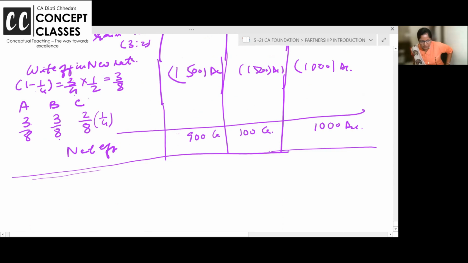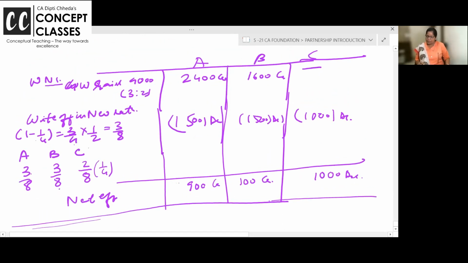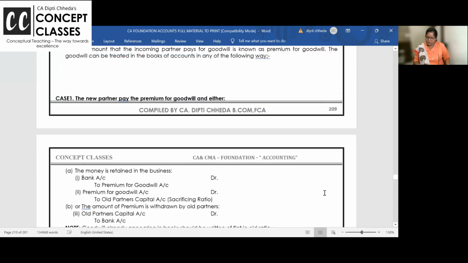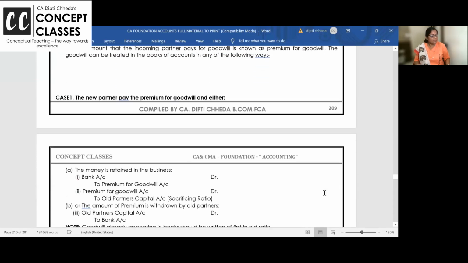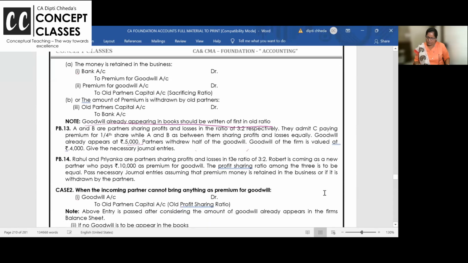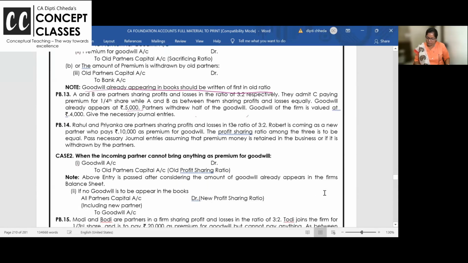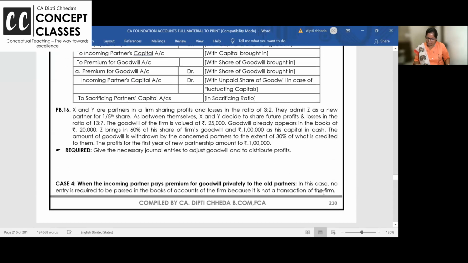ठीक है? Right. So, yeah, please ask, पूछो क्या doubt है? Show me the question, ma'am. Actually, the numbers are not matching question numbers in PDF and this question. 13th and 14th we have done, no?